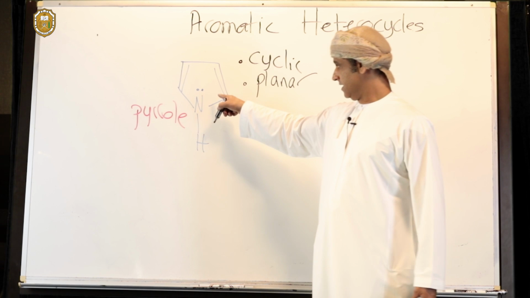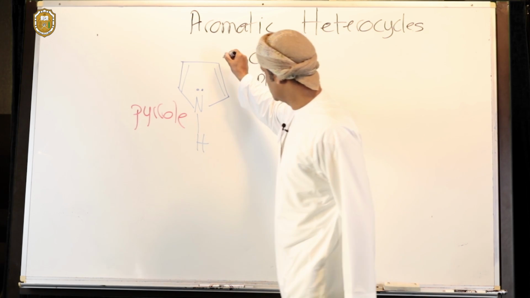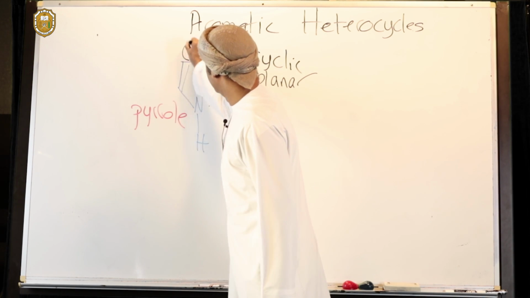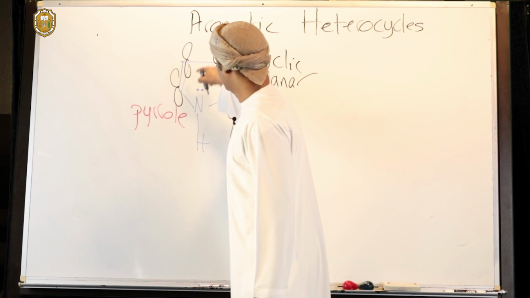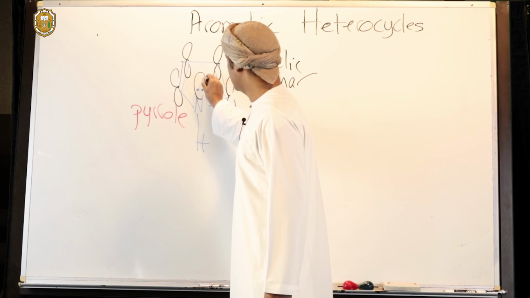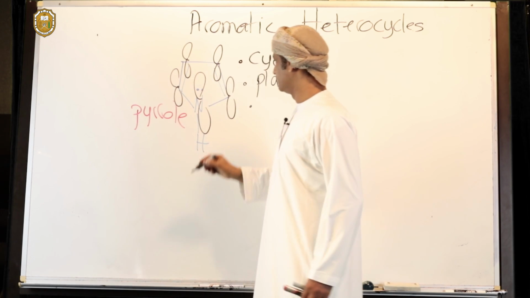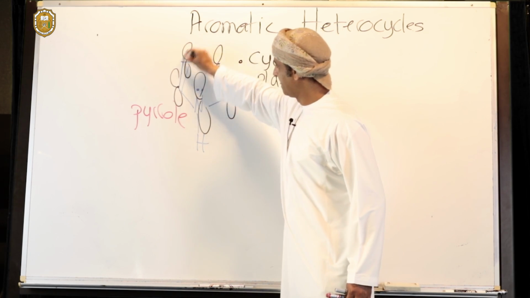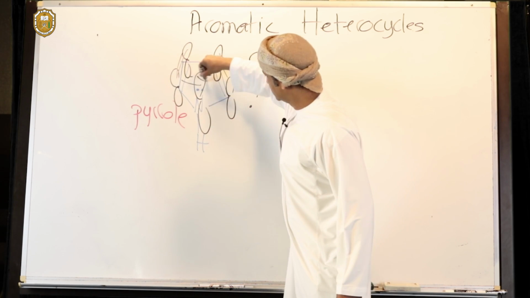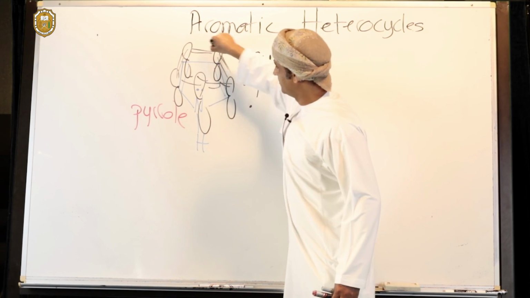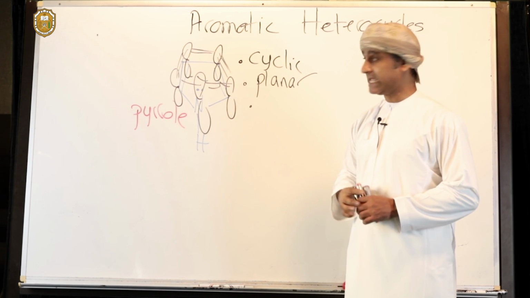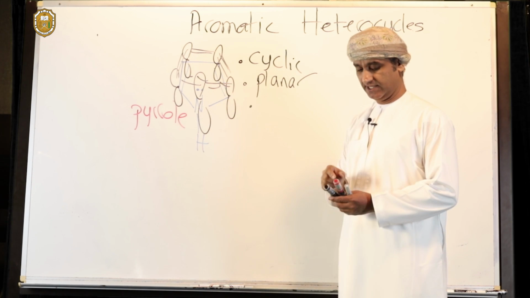There is a p orbital on each of these carbon atoms, and for pyrrole to be aromatic, this lone pair must be situated in a p orbital for efficient, continuous overlap on the pyrrole ring.